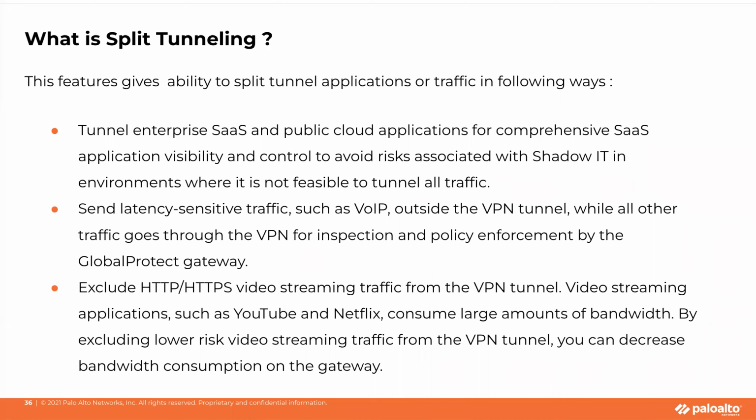You can also use this to send less latency sensitive traffic such as VoIP outside of a VPN tunnel, where all the other traffic goes through the VPN for inspection and policy enforcement. You can exclude any video streaming traffic from the VPN tunnel, such as YouTube, Netflix, as they consume a large amount of bandwidth. By excluding low risk video streaming traffic from the VPN tunnel, you can decrease the bandwidth consumption on the gateway.